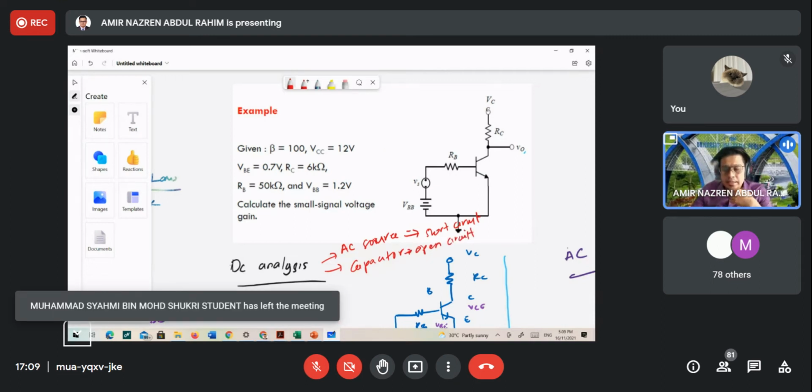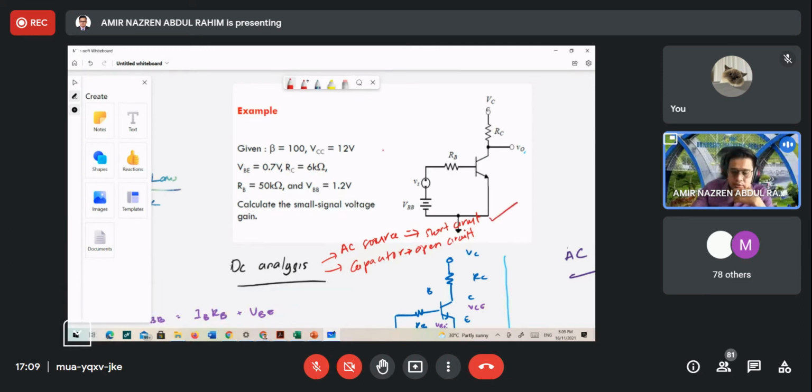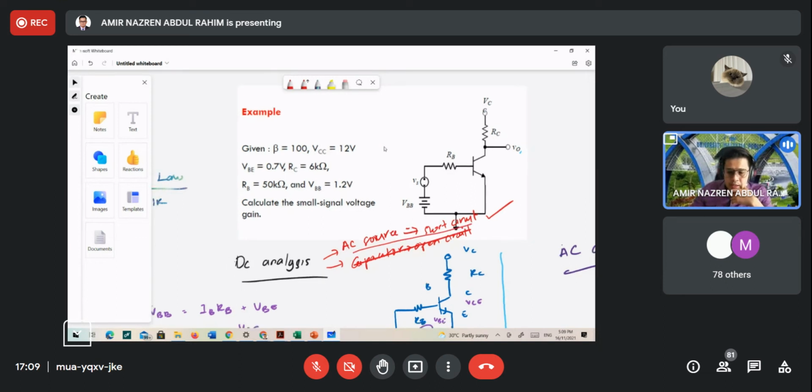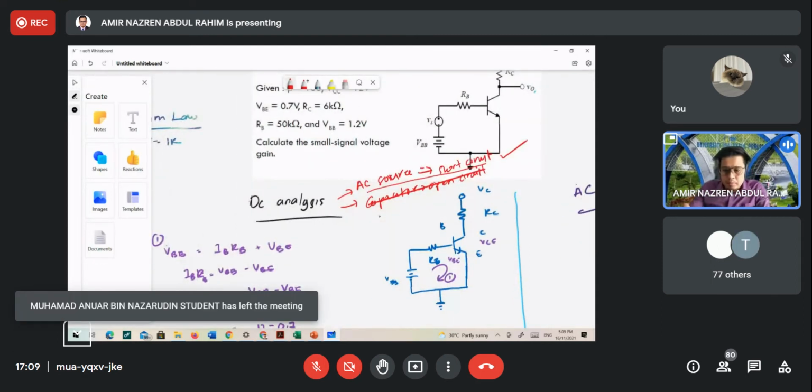But in this circuit, we only have an AC source. We have no capacitor over here, so we neglect the capacitor. So we only short our source. Then later we can do the DC analysis. By shorting VS, we have a straight connection there.